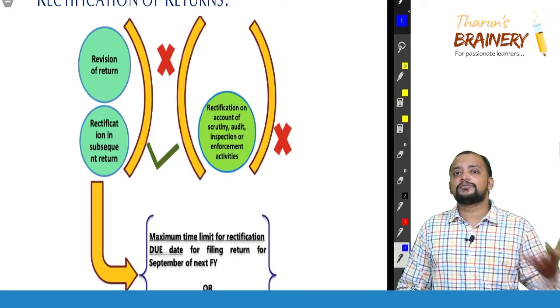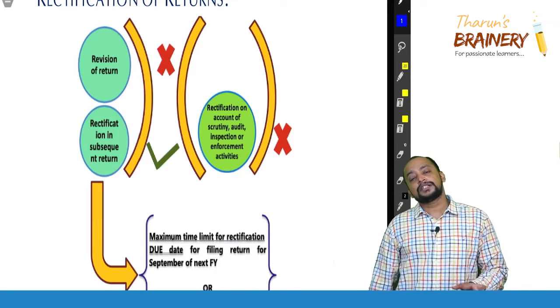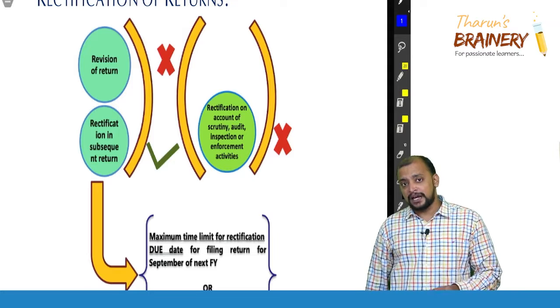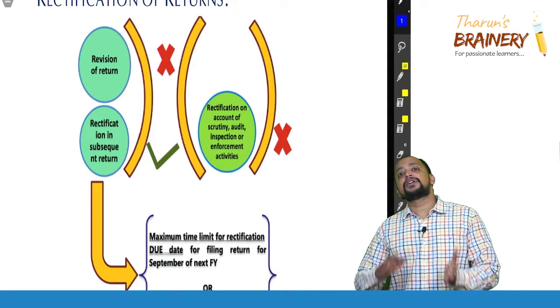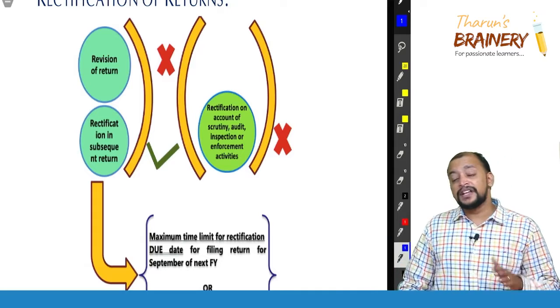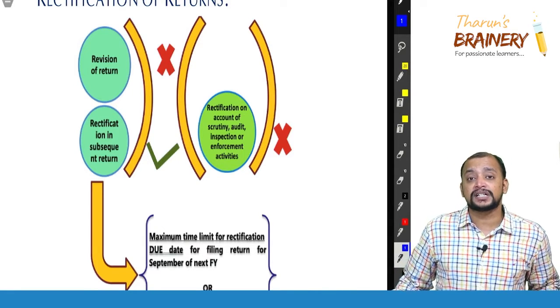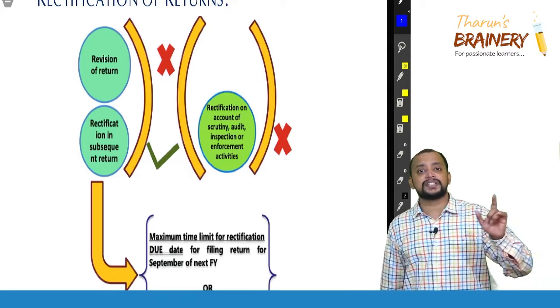But what is the maximum time? With respect to a financial year, for any return that is filed, the maximum time to amend it is the due date of the September return or the date of filing the annual return, whichever is earlier. Somewhere we have already come across this. In credit notes, we came across 30th September of the succeeding financial year or date of filing annual return, whichever is earlier.